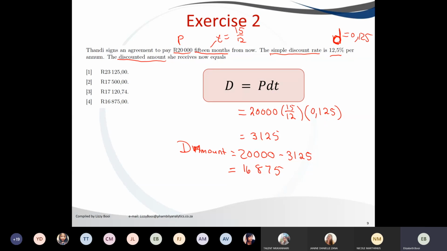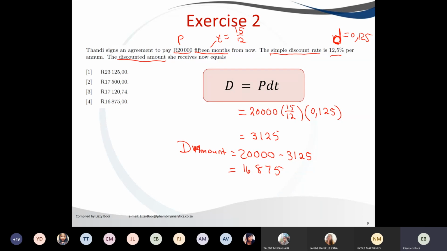If I'm doing a discounted amount, remember this is a loan. They will pay her 20,000 and then she has to pay that 20,000 back. We're not interested in the amount that she has to be paying back, the future value or anything like that.